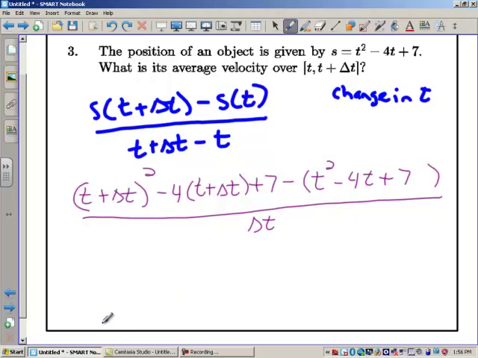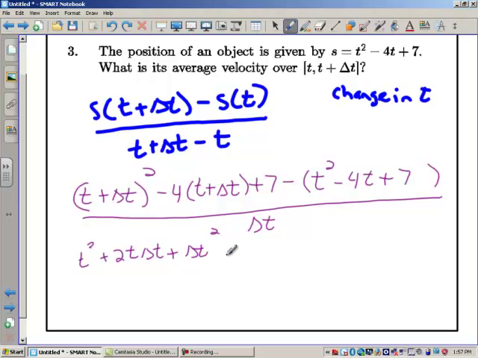Now, we're not done. We actually have to figure out this mess up here in the numerator. So I'm going to distribute t plus delta t squared, where you have to FOIL it out. We all know it's not just this squared plus that squared. So it's t squared plus 2t delta t plus delta t squared.